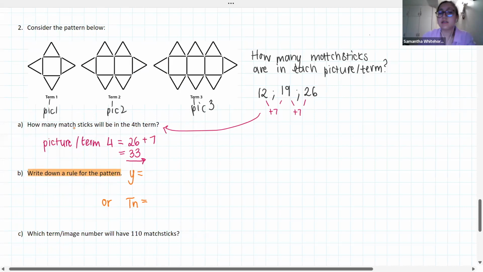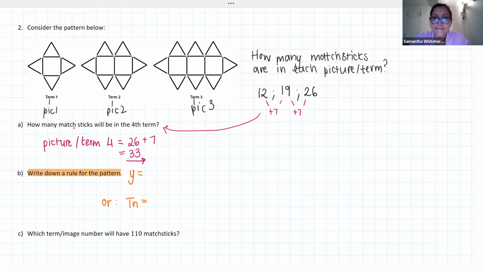It is not as simple as just plus 7. Okay, so let's try our rule. And remember, I've given you a hint of how you can start this rule. If you're not sure, go back to your screenshots and have a look at what we wrote down or what we did each time.